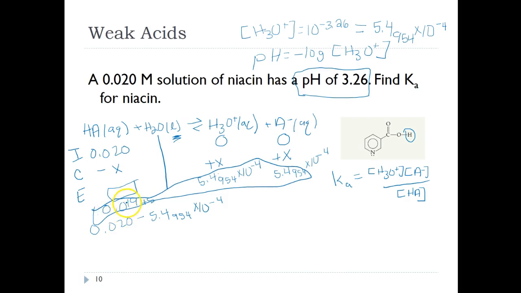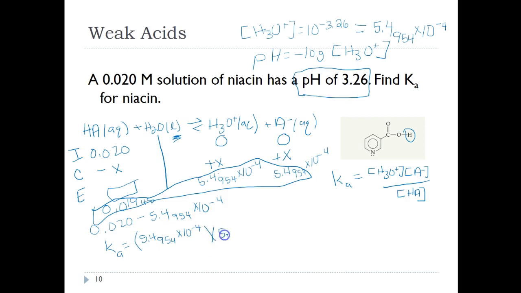Okay, so I now have the equilibrium values of all three chemicals. So what I have left to do is take those values and plug them into the equilibrium constant expression so I can get a value. So it's going to be 5.4954 times 10 to the negative 4th for hydronium.